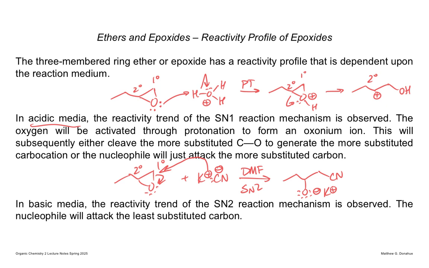So again, as you're reasoning your way through problems, at this point you want to start thinking outside of memorization of things and understand the reactivity profile of the reagents that are involved. So nucleophile, electrophile, oxidant, reductant.